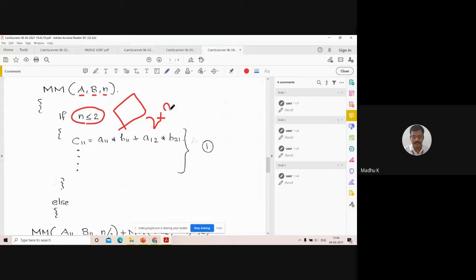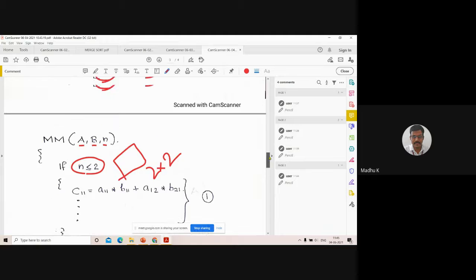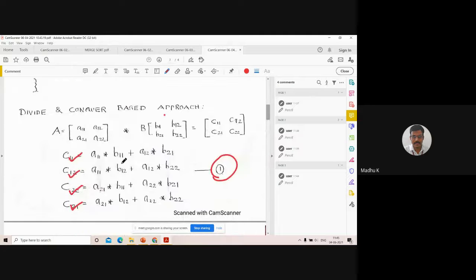In that case, what will we do? We will just perform this concept. That is a small problem of size 2 by 2.